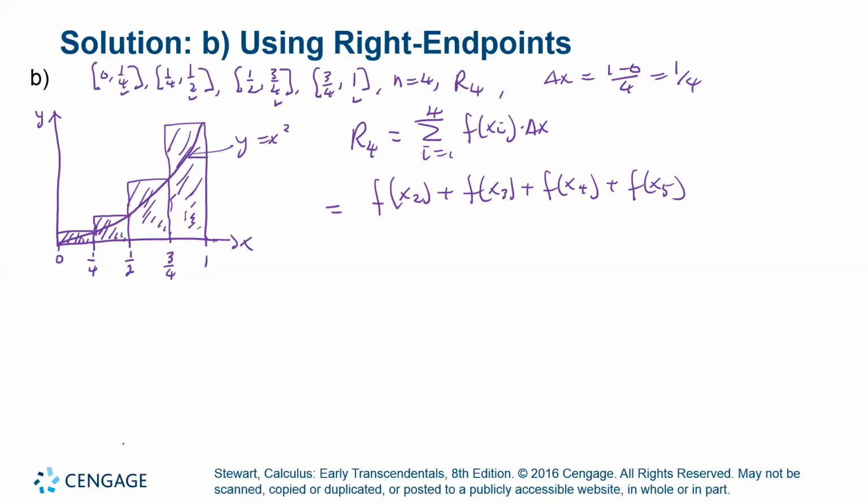Now don't forget that when I label my x's, this is my x1, that is x2, this is x2, that is x3, this is x3, and then x4, and then x5.